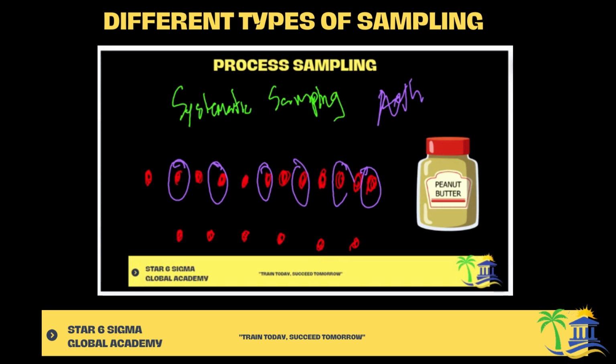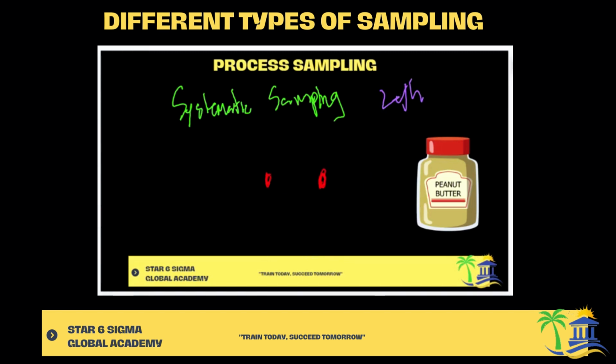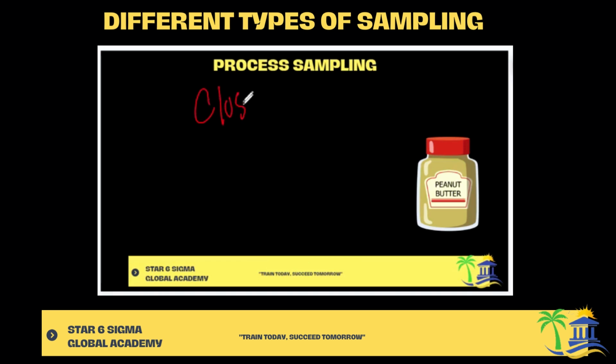The next thing I want to talk about is something we call cluster sampling. This is where you're coming in and you're saying, okay, I have these different fruits and vegetables.